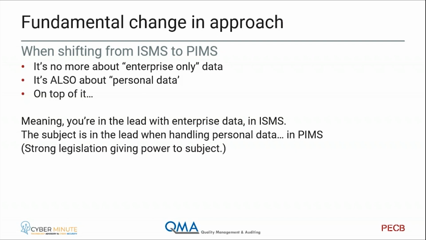But that also means that you're not in control anymore of the data itself. ISMS is focusing on the business process, while the PIMS system is actually covering the data of people, data subjects. You know, for example from the GDPR legislation, that the GDPR and also other privacy legislations in the world give very high power and very strong means to these subjects.